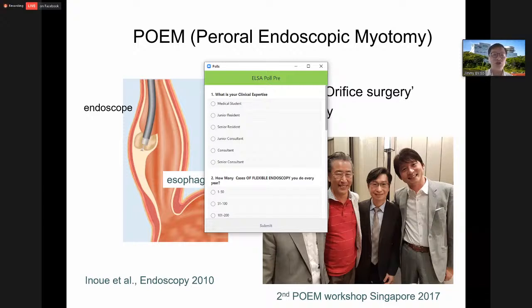And the procedure is based on the concept of submucosal tunneling in the esophagus, pioneered by Professor Inoue 12 years ago, when he started the series of POEM in Japan. And through his vigorous academic research and training, this procedure has become very popular around the world.